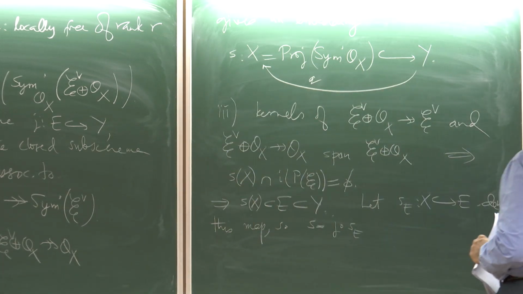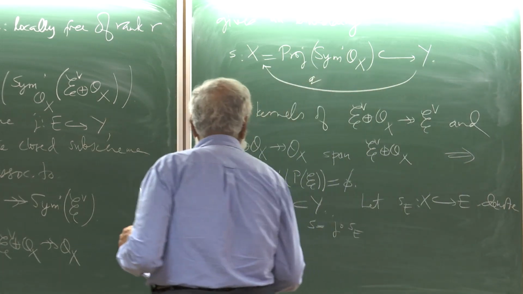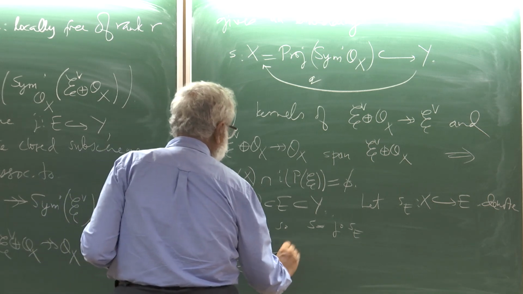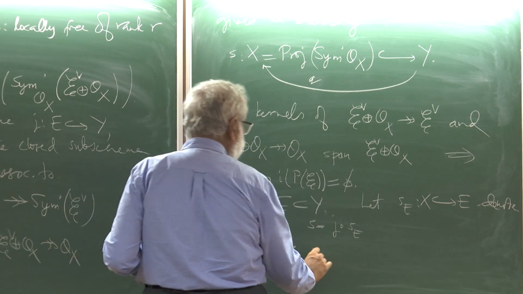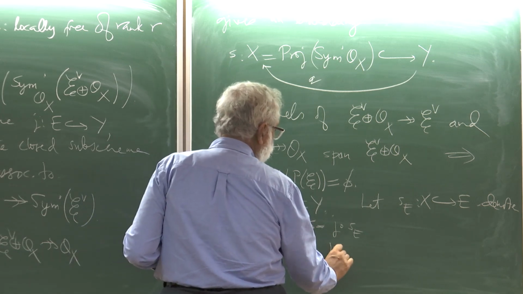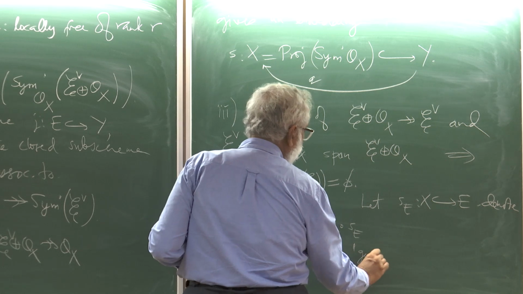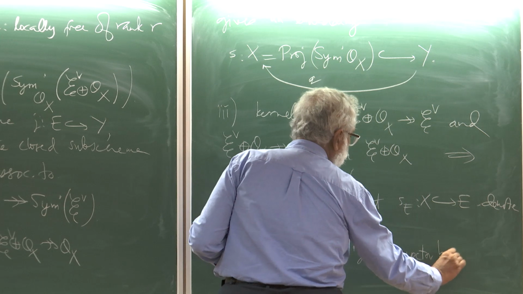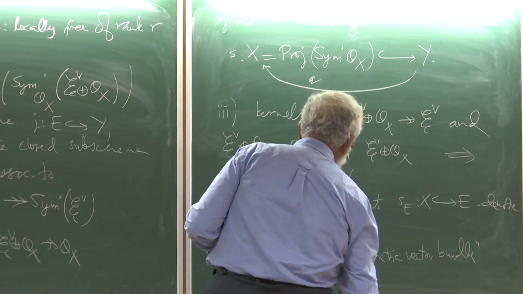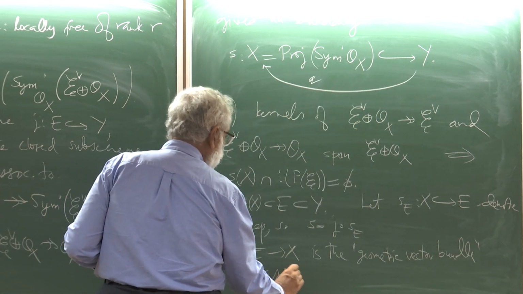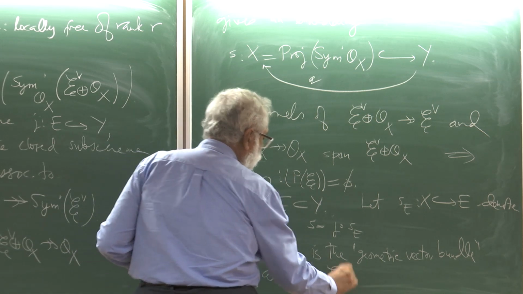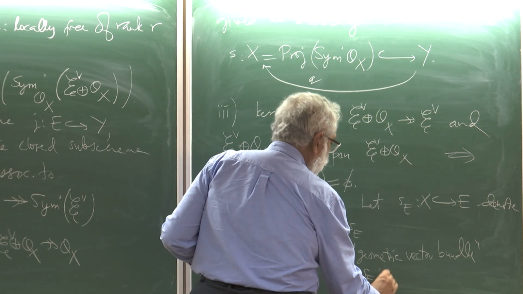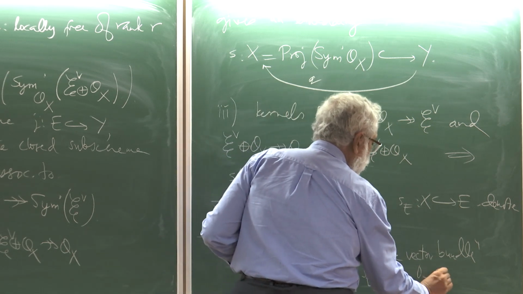Okay. And of course, then I also have Q restricted to E from E to X is what Hartshorne would call the geometric vector bundle associated to E. S_E is its zero section.